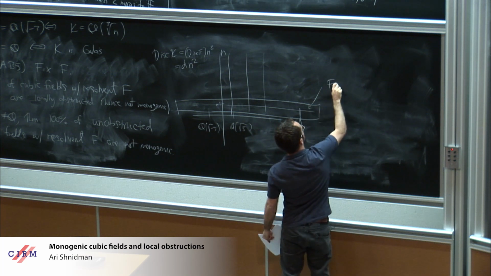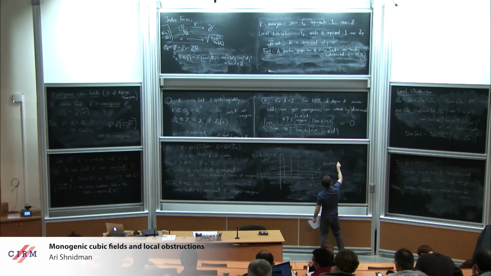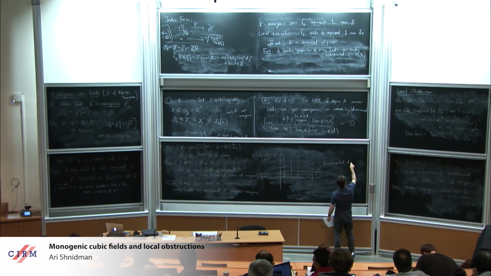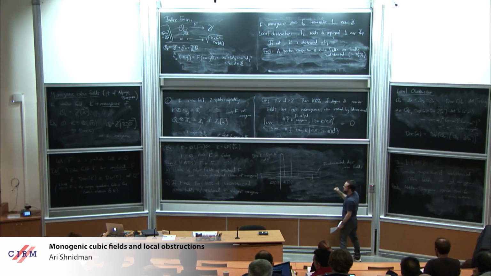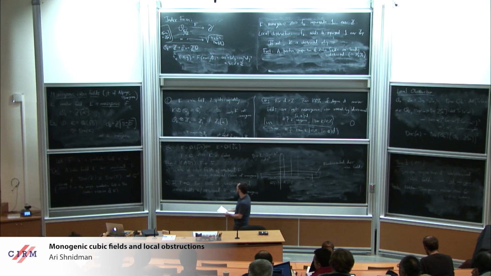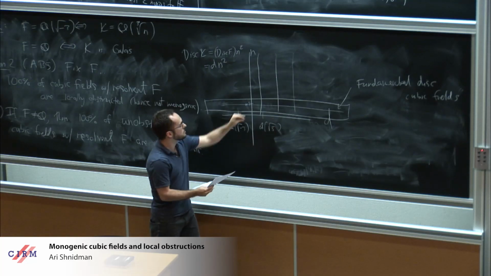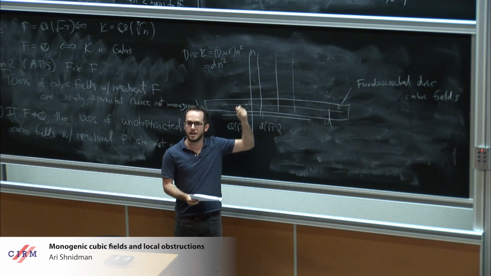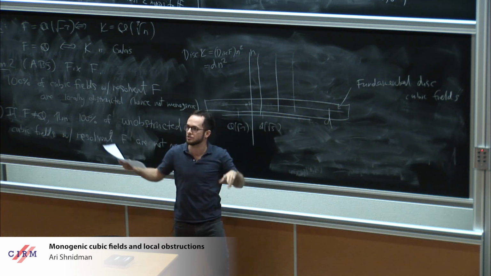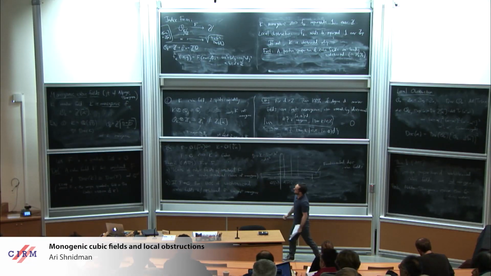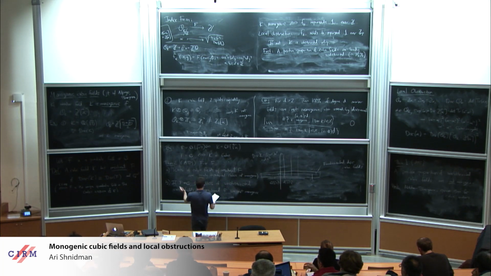So fundamental discriminant cubic fields. But this theorem tells you absolutely nothing about this positive proportion of cubic fields, because this is a finite set of points in every vertical line. I can throw them out, and my asymptotic results don't care. And so this seems to be indicating that we have good evidence for the conjecture, but it's also missing a lot.